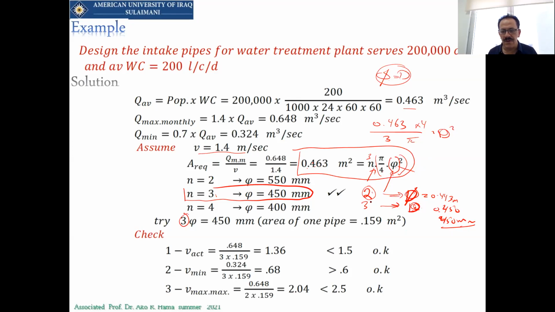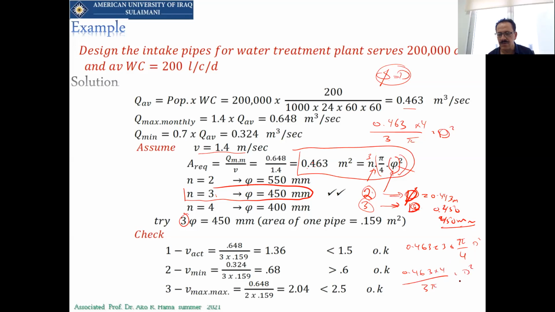Now, what if I use 3? 0.463 is equal to 3 times pi over 4 d square. That means d square is 0.463 times 4 divided by 3 pi.